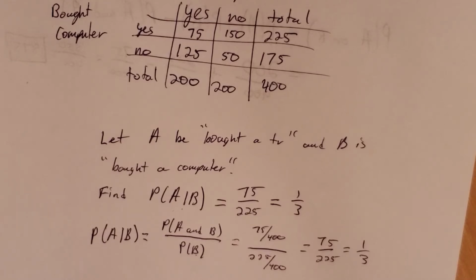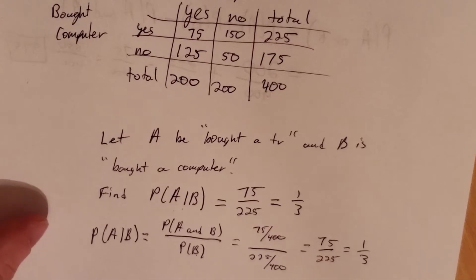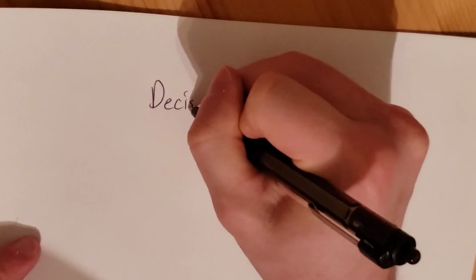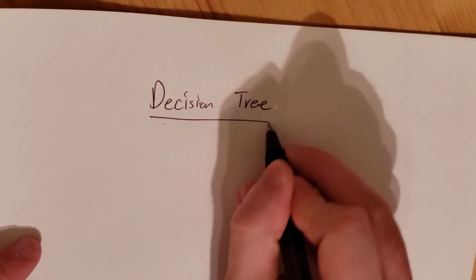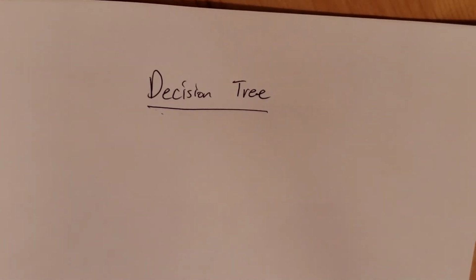Now there's something related to this called a decision tree, and I want to draw that on this next page. So let's take a look at this. We have what is called a decision tree, and I will define how to draw this now.